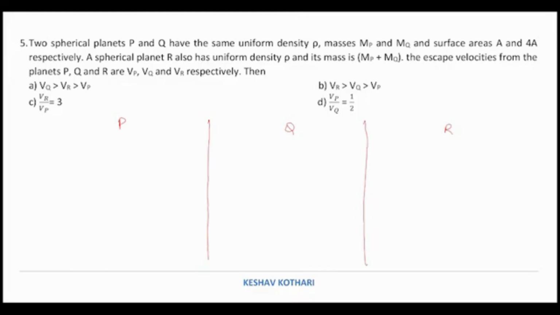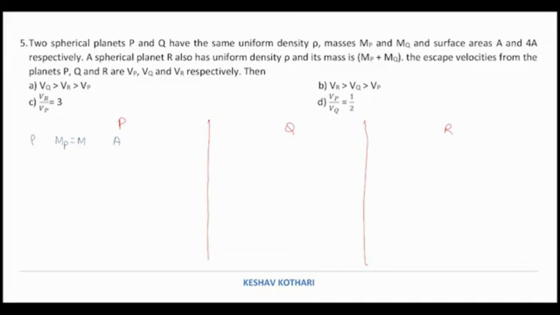The density for planet P is rho, and the mass is MP, which I am supposing as M, so that we can find the ratio. Now apart from this, the surface area is A. So density is rho, mass is MP, surface area is A.